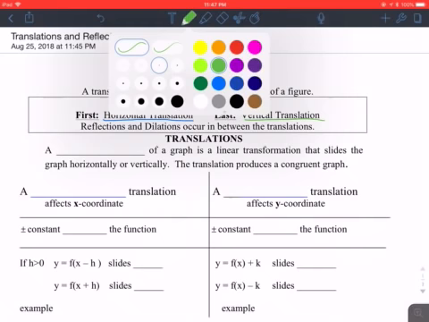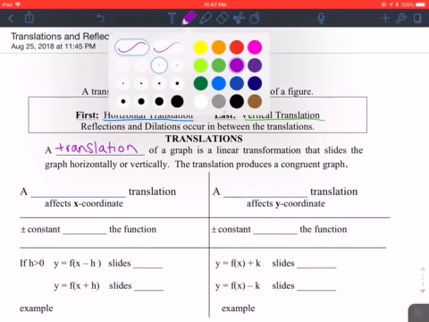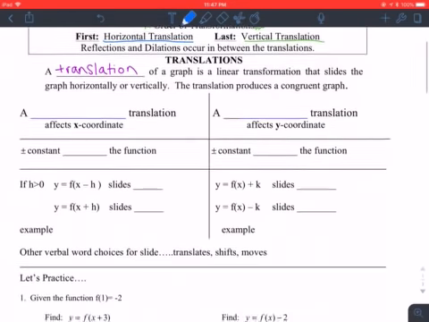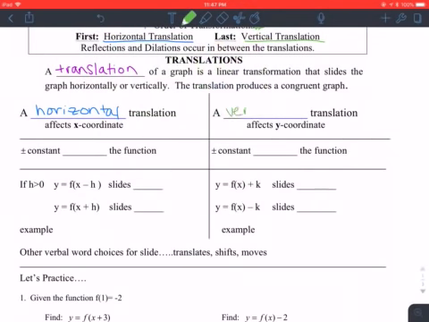Alright, a translation of a graph is a linear transformation that slides the graph horizontally or vertically. Translation produces a congruent graph. Okay, starting left, a horizontal translation affects the x coordinates, whereas vertical translation affects your y coordinates.